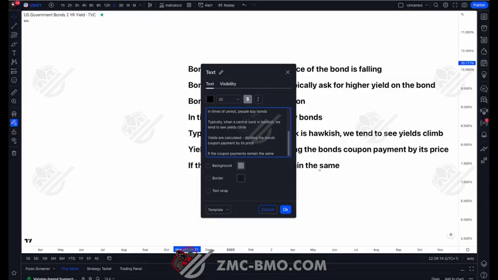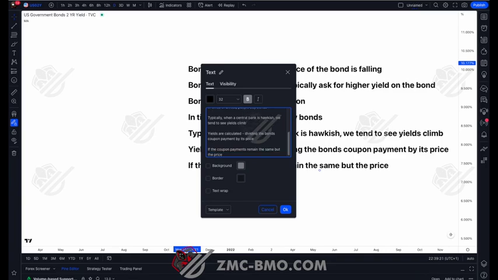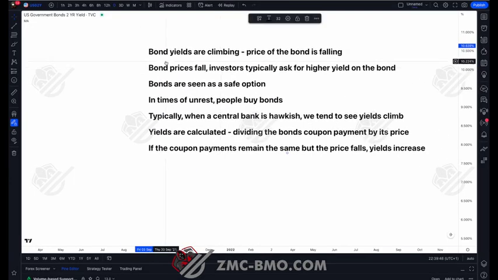And of course, if the coupon payments remain the same, but the price falls, the yields increase, just going back to the mathematical equation there. So, dividing the bond's coupon payment by its price. If you go back to the basics of bonds, you'll see what a coupon payment is. I just want you to screenshot that, write it down in the notes, however you like to learn.